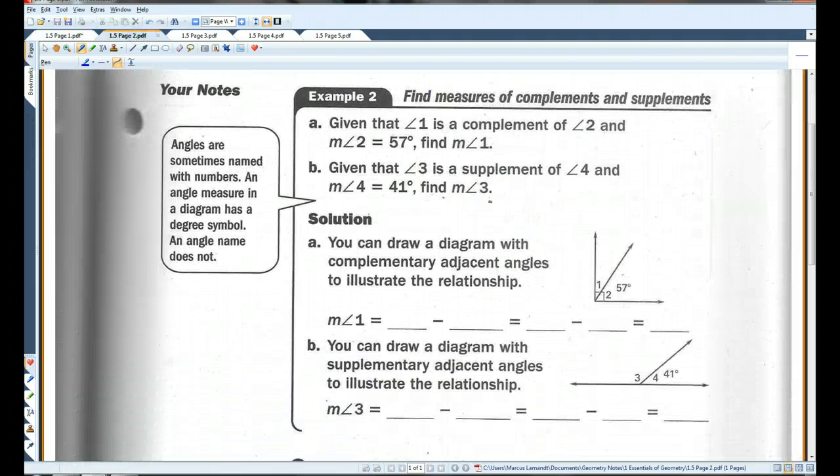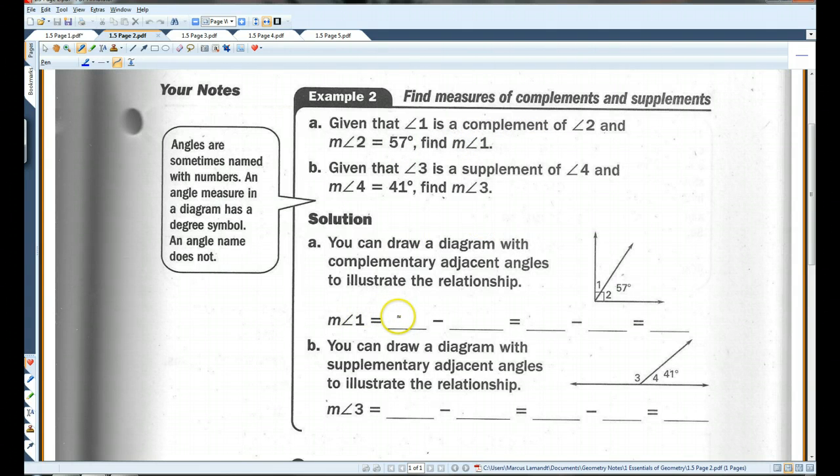Example 2. Given that angle 1 is a complement of angle 2 and the measure of angle 2 is 57 degrees, find the measure of angle 1. Alright, we know that these are complementary angles. That means this angle and the unknown angle have to add up to 90 degrees.